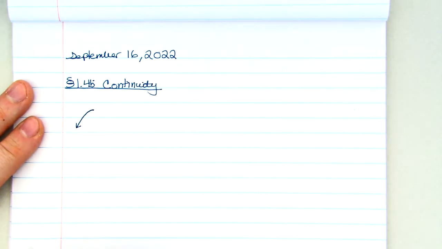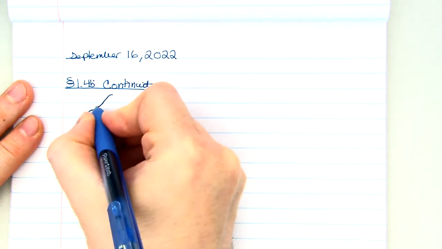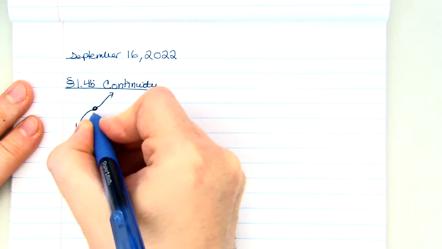And now that we've been through what we've been through in this unit, we have the language to talk about exactly what it means to be continuous. Let's say I have some function, and from the left side I'm approaching some value, and from the right side I'm approaching some value, and that happens to equal the value that I have right there.